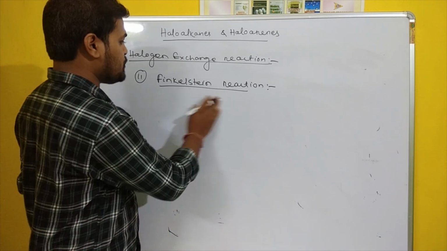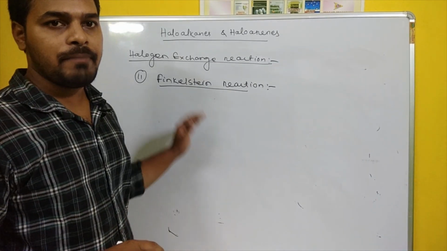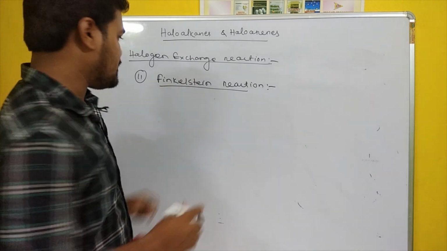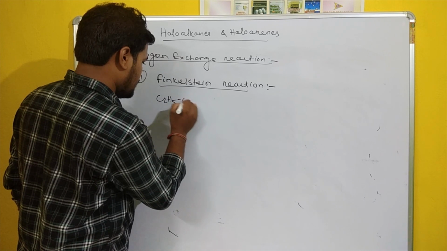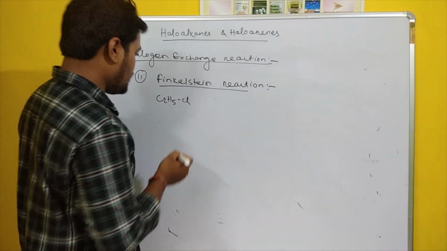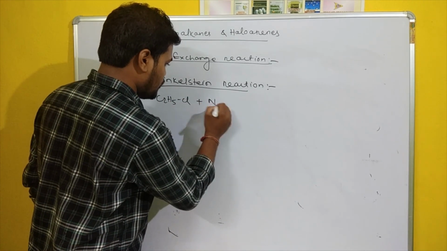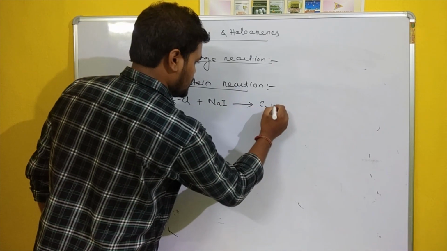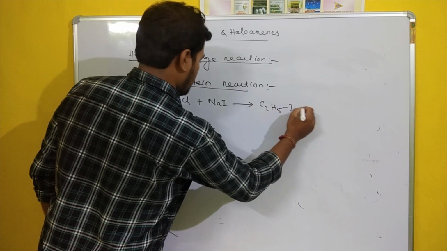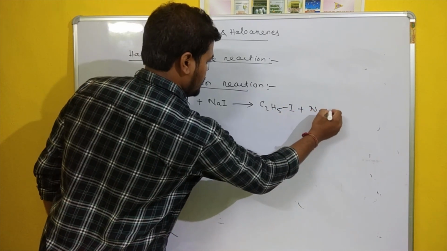The Finkelstein reaction is a halogen exchange reaction. In this reaction, we can prepare alkyl halides. So when C2H5Cl, ethyl chloride, reacts with sodium iodide, it will give C2H5I plus NaCl.